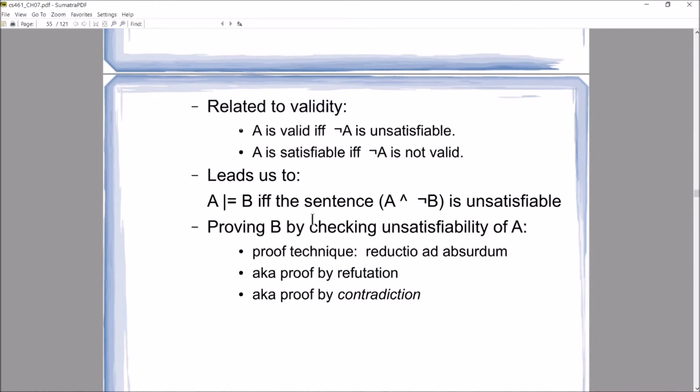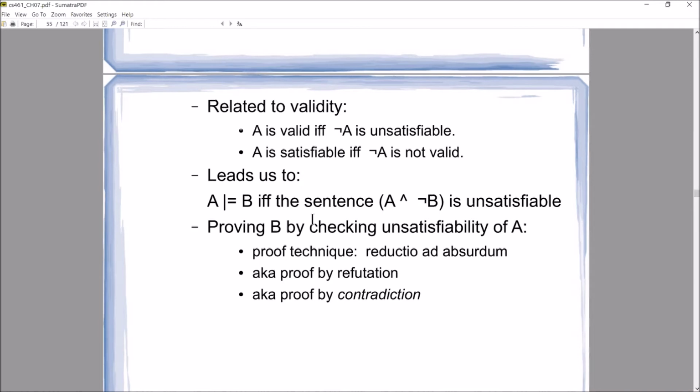Another thing to think about is that A is satisfiable if and only if not A is not valid, so it works in both directions. This allows us to infer that B is entailed by A if and only if the sentence A and not B is unsatisfiable.